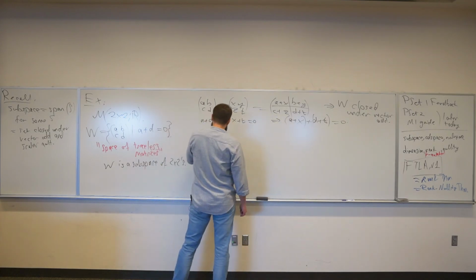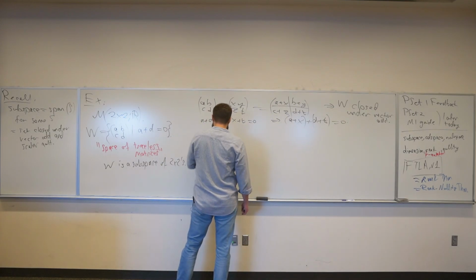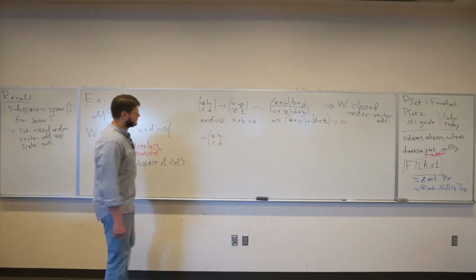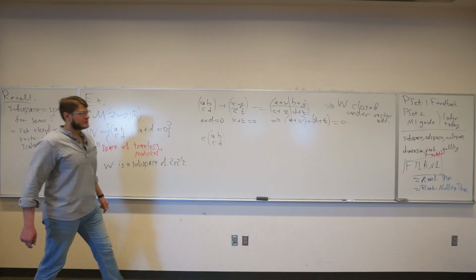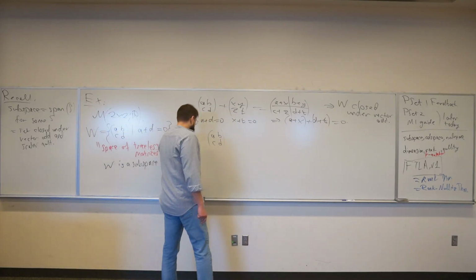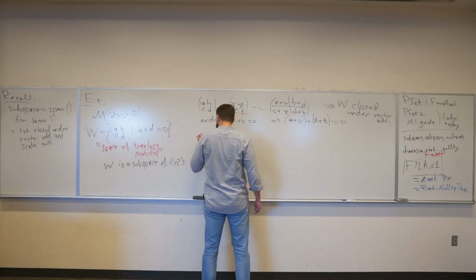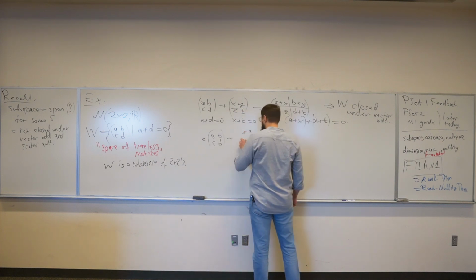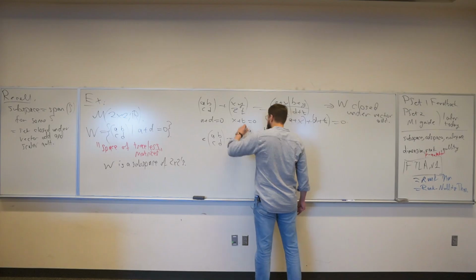if I were to start with A, B, C, D and scalar multiply it by, let's say, E, some constant, some scalar, how do I do this? Well, I just distribute the constant over all the entries. And so I end up with EA, EB, EC, ED.